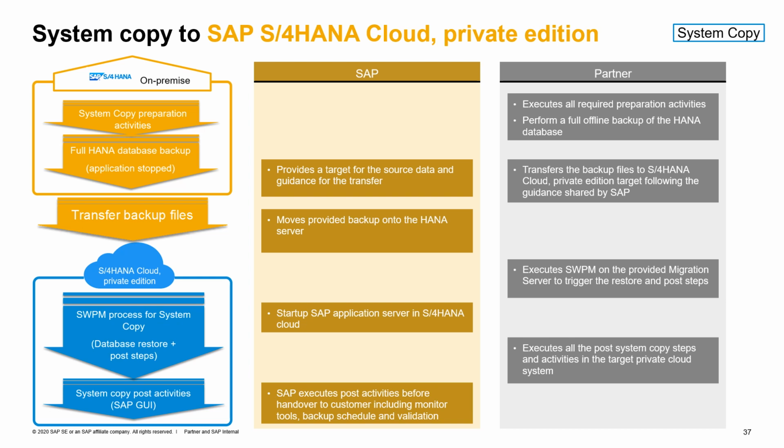And you will also perform the post steps after this Software Provisioning Manager execution. Once this is done, SAP will then start the SAP application server, which is the final one for this specific environment. And after this is completed, you will be able to execute all the post-system copy steps and activities in the target private edition following the system copy guide.